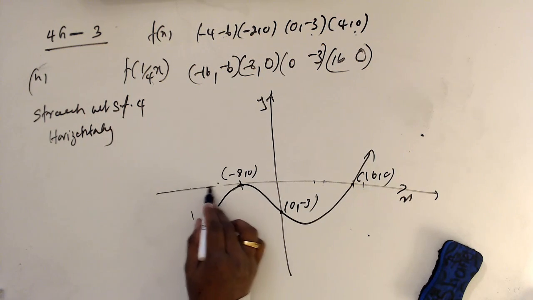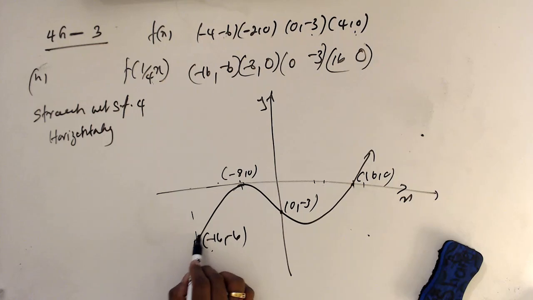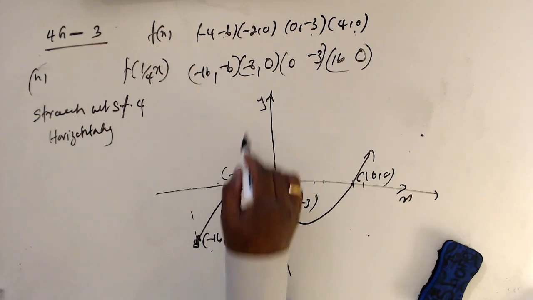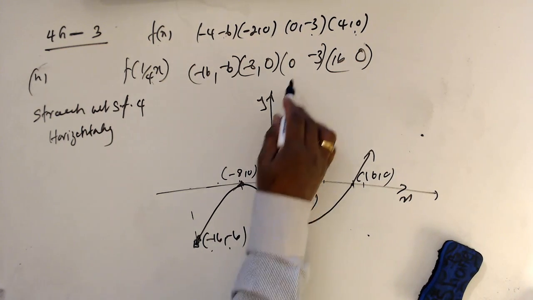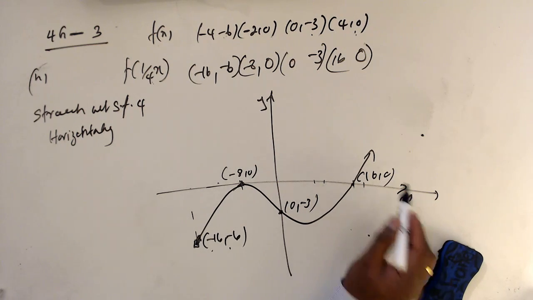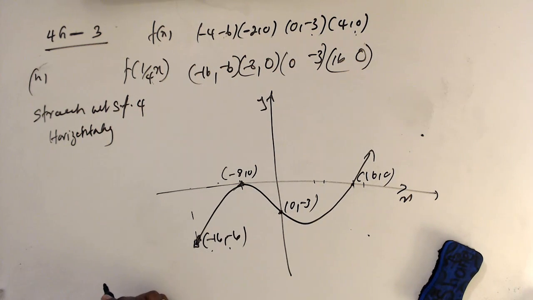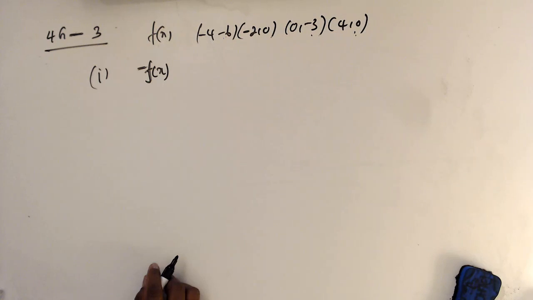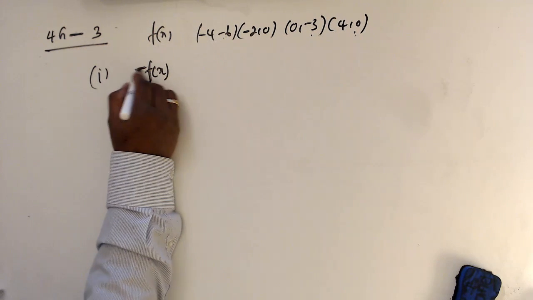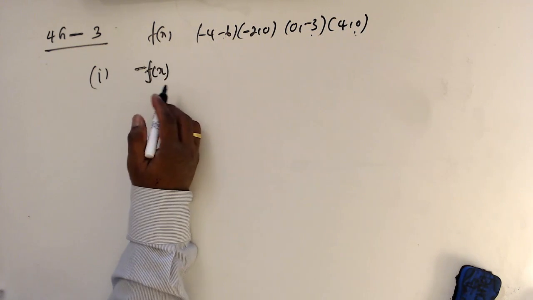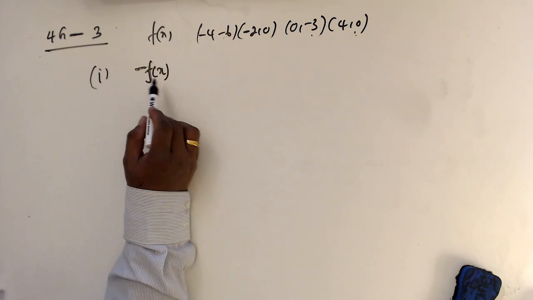So this is the graph: (-16, 6), (-8, 0), (0, -3), and (16, 0). Now you can see that this is minus f(x). What is happening here?